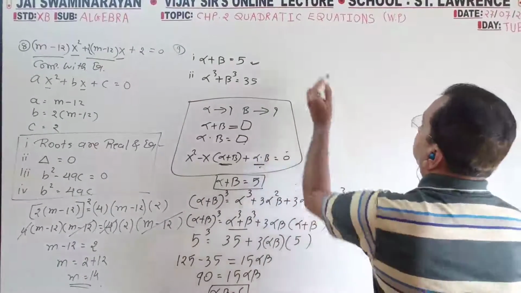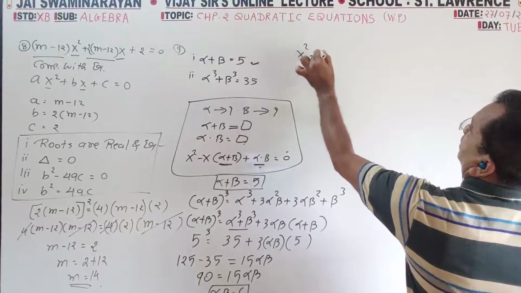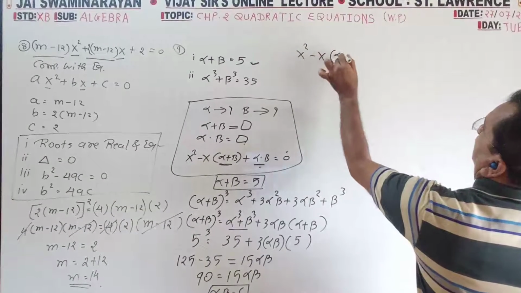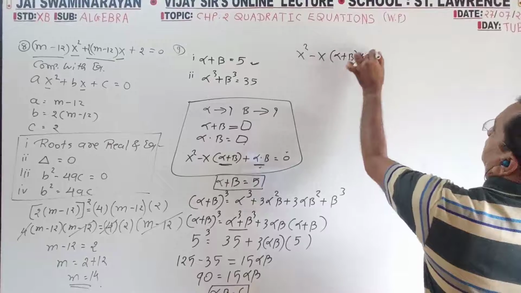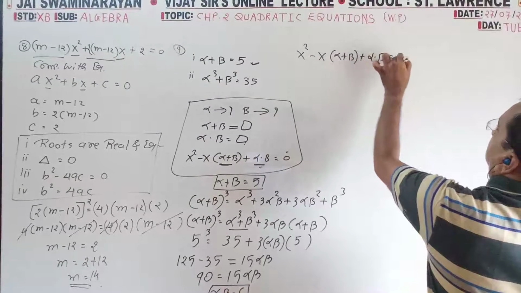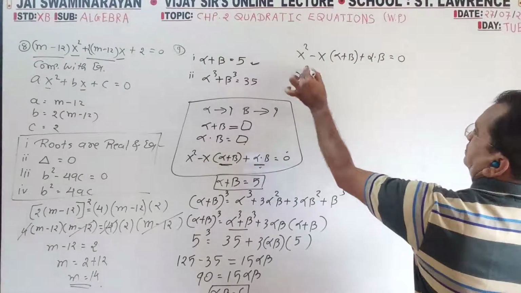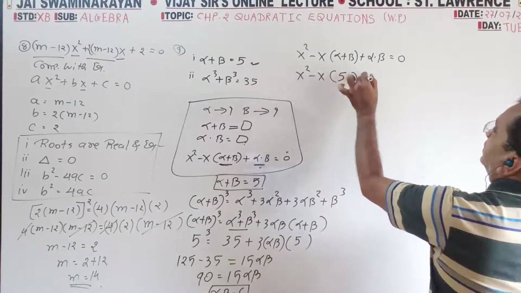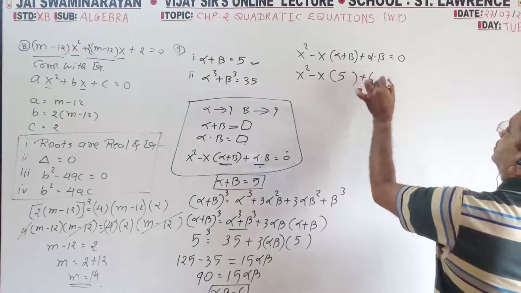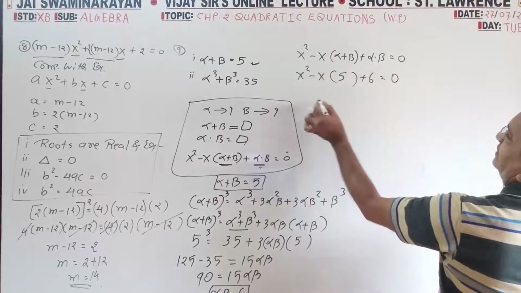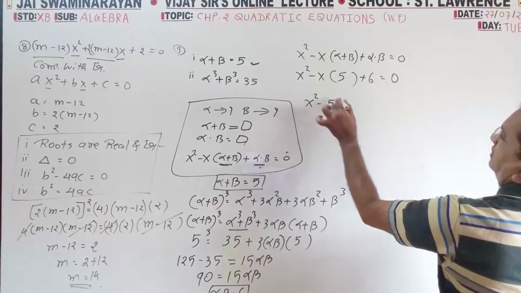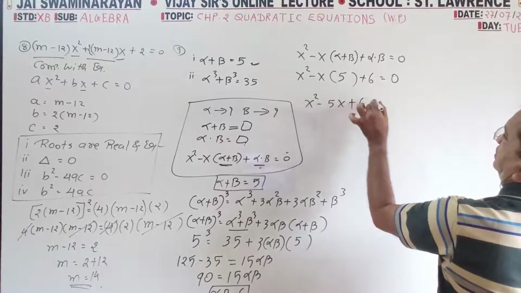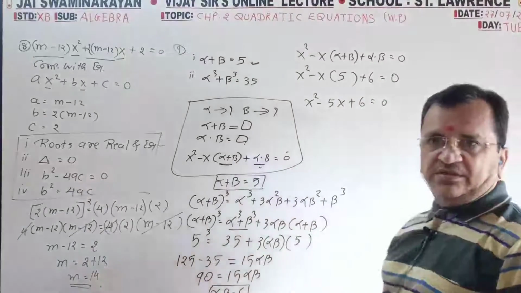Now I can use x square minus x (alpha plus beta) plus alpha beta, so x square minus 5x plus 6 is equal to 0. This is your equation.